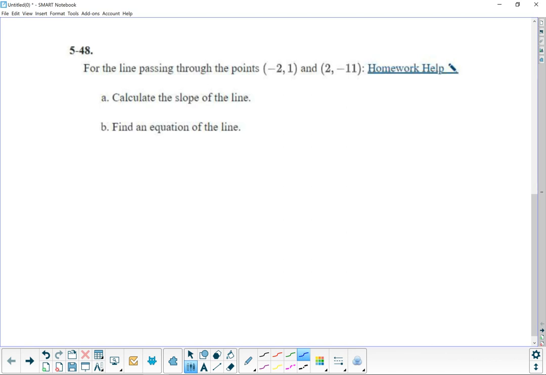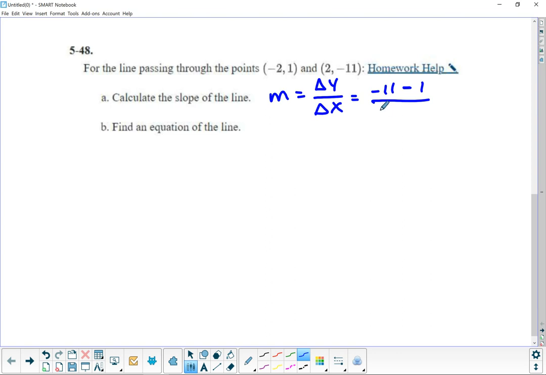So the slope is found by taking the change in the y's. That means subtract the y's and divide that by the change in the x's. So you take your y's, which are negative 11 and 1, and you subtract those.